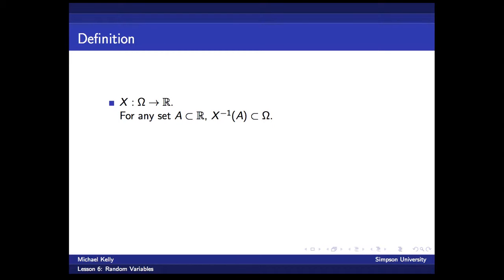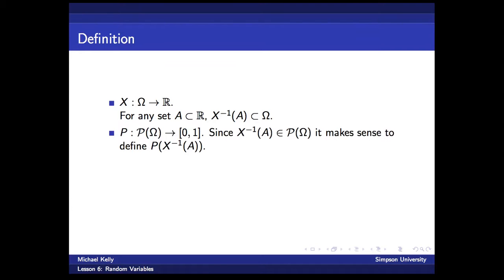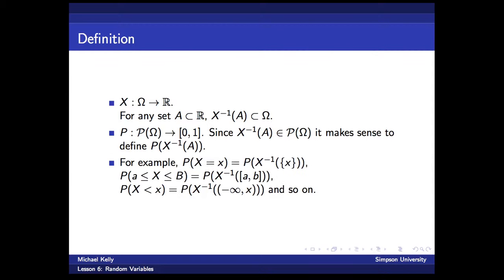So whenever X goes from omega to R, for any set A in R, X inverse of A is some subset of omega. And P is going to take in subsets of omega and send them to [0, 1]. So since X inverse of A is in the power set of omega, it makes sense to define the probability of X inverse of A. For example, the probability that X equals the point little x equals the probability of the preimage of the point x.